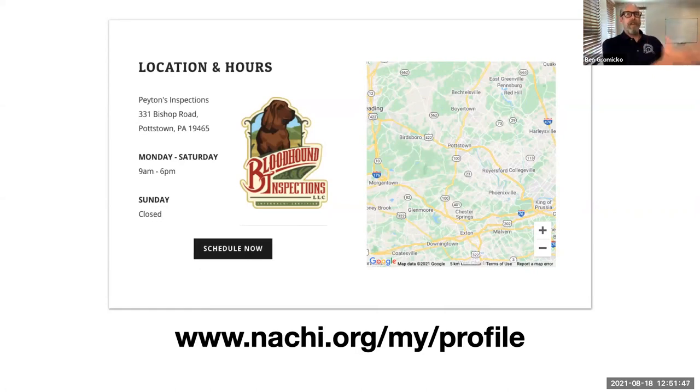But people who are moving in the area of Pottstown understand that map. So it's like a trigger in their brain. Have a map of where you work so that people know, oh yeah, the company goes to Birdsboro, so I'm going to give them a call. When should I call? Are they open on Sunday? No, they're closed. Oh, but maybe instead of saying closed, just schedule online, have a link there. Okay.